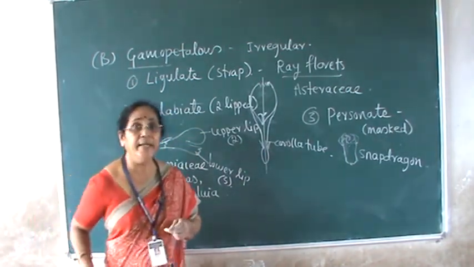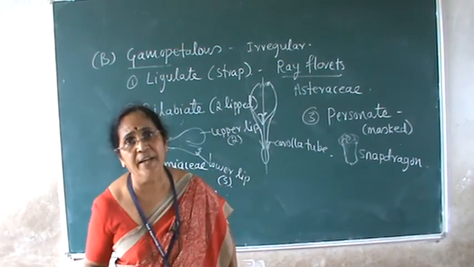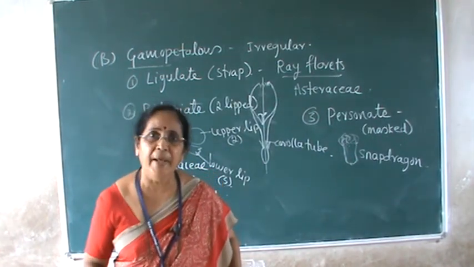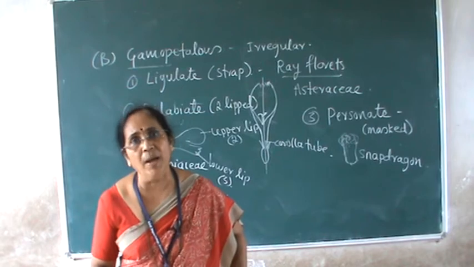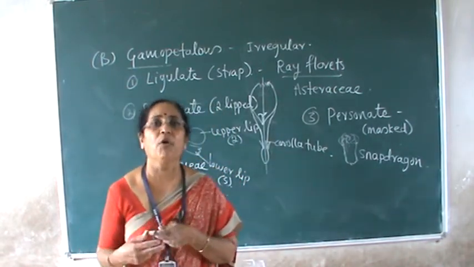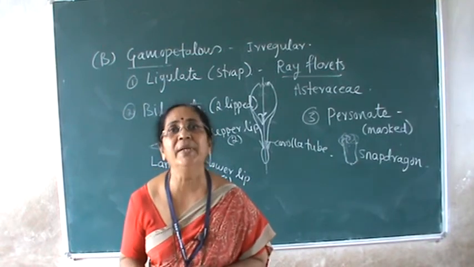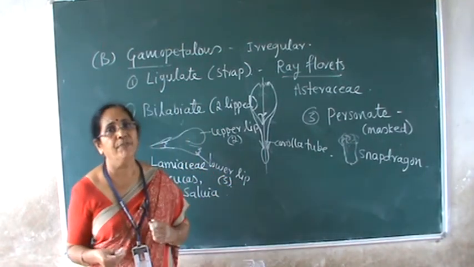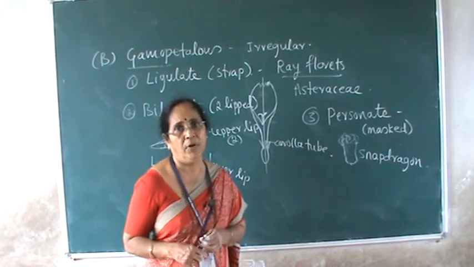And if you find any modifications like spurred nature of the corolla, that can be mentioned, or sometimes the corolla may have an extension or extra decorative part, that is called corona, and all such kinds of modifications are to be mentioned in the corolla only.